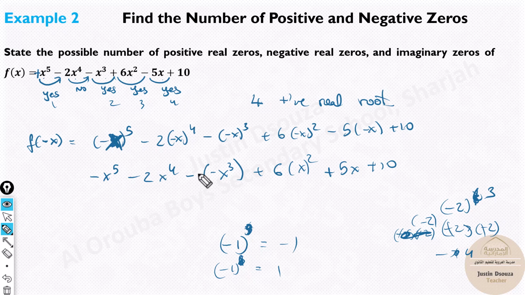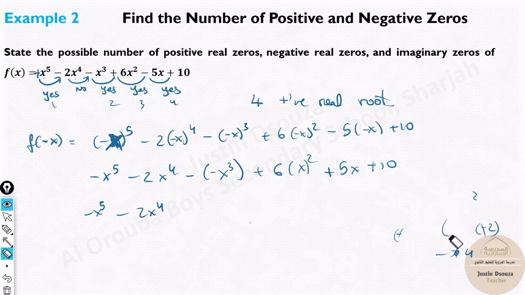Now we can simplify it. We'll multiply the negative sign. So here it'll be minus x to the power 5 minus 2x to the power 4, and then we have over here plus x to the power 3 plus 6x squared plus 5x plus 10.